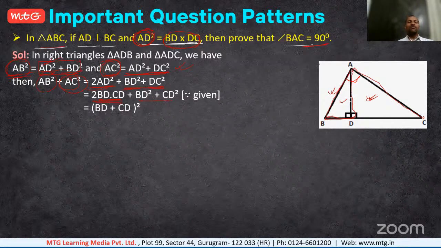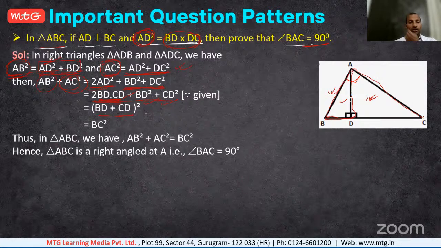Now this becomes the formula in the form of A plus B whole square. This is A square, B square, this is 2AB. So this becomes A plus B whole square, means BD plus CD whole square, fine. BD plus CD total becomes BC, so this becomes BC square.